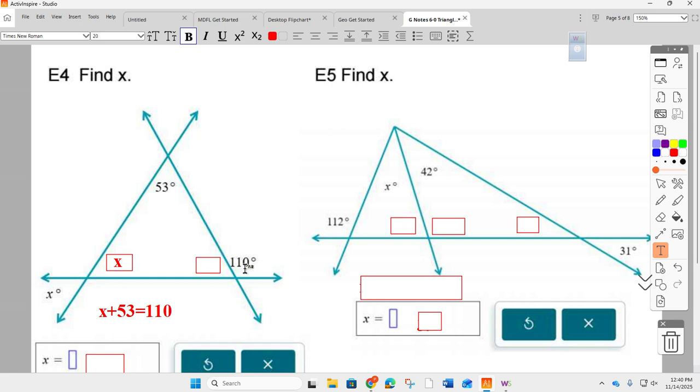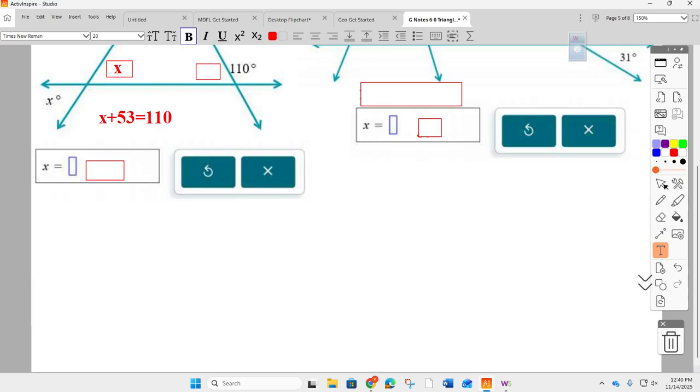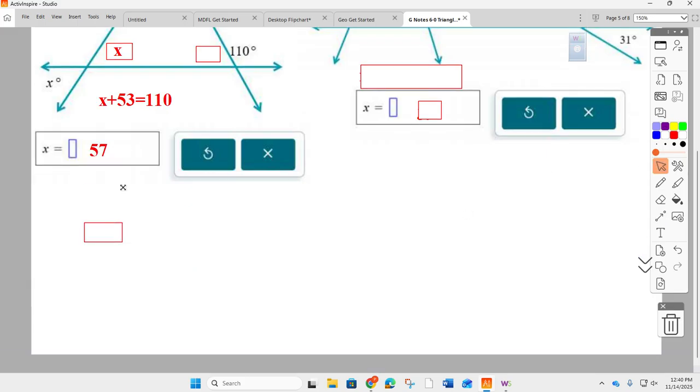So if we subtract 53 from both sides, now we know that this x is 57 degrees, right? And this angle and this angle are congruent, so the x we're looking for is also 57 degrees. Does that make sense? Okay. Any questions on that one?